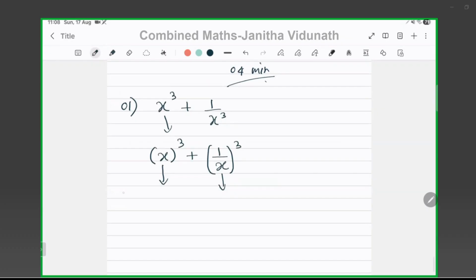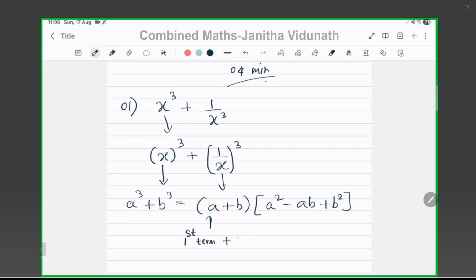Then we know if we have a cube plus b cube, we can write it as a plus b times a square minus ab plus b square. That means the first term plus the second term.